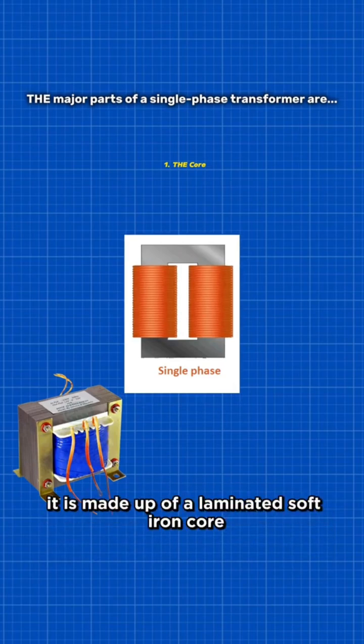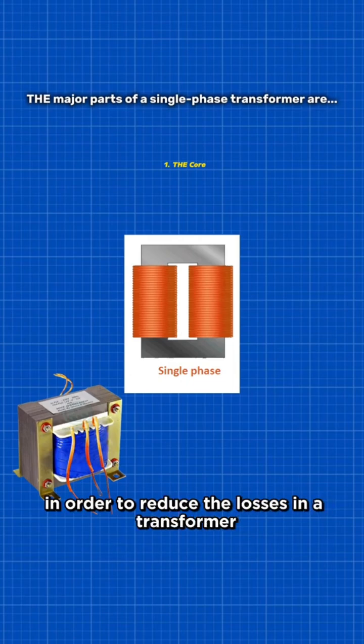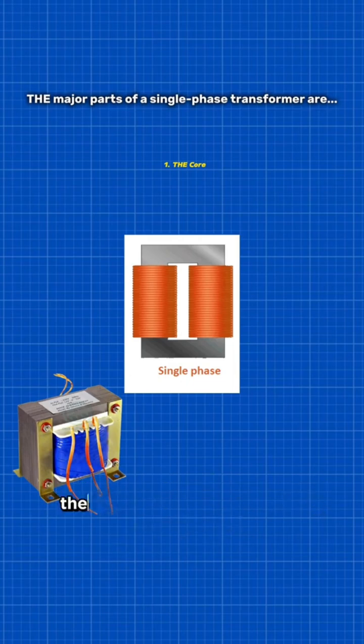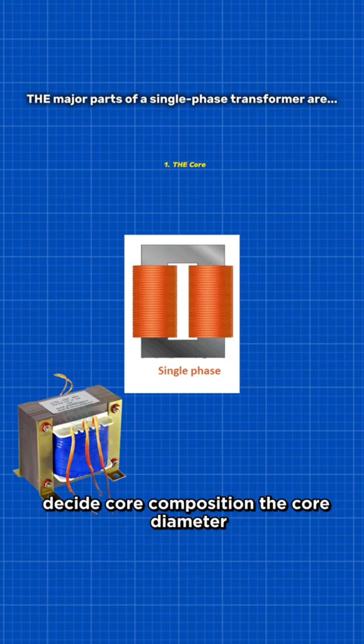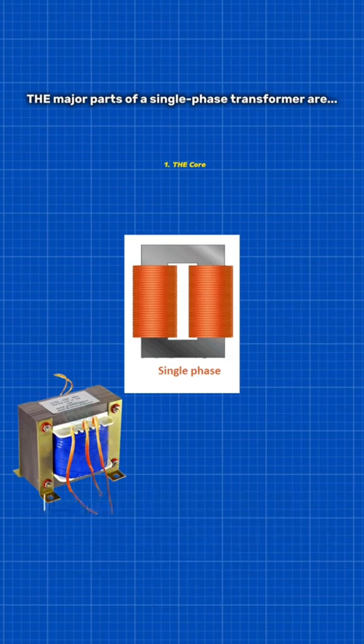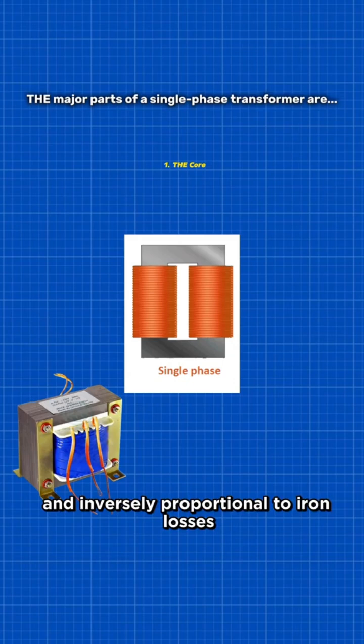It is made up of a laminated soft iron core in order to reduce the losses in a transformer. Factors such as operating voltage, current, power, etc., decide core composition. The core diameter is directly proportional to copper losses and inversely proportional to iron losses.